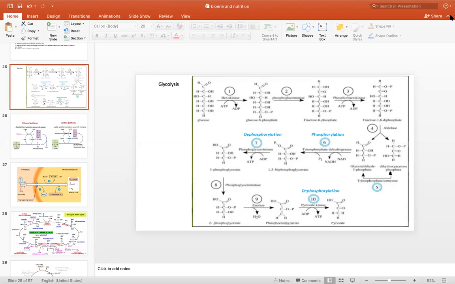Each molecule of glucose converted to pyruvate will use up two ATPs, but in turn give us two NADH and four ATPs. The net gain of ATP in glycolysis is 2, because 2 are used and 4 are produced. 4 minus 2 is 2.